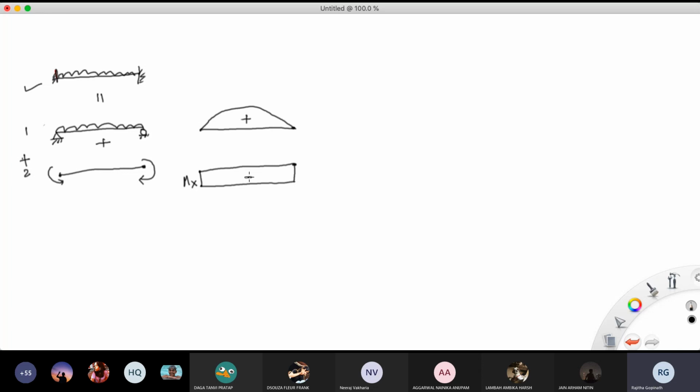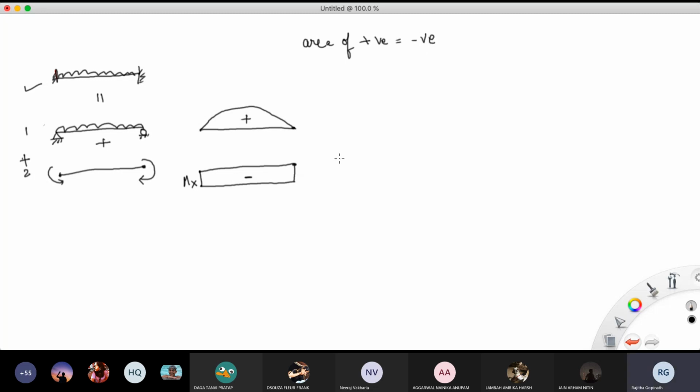Okay, now just like how we did it previously, the area of the sagging has to be equal to the area of the hogging, right? So what we are saying is that the area of positive has to be equal to the area of the negative, right?